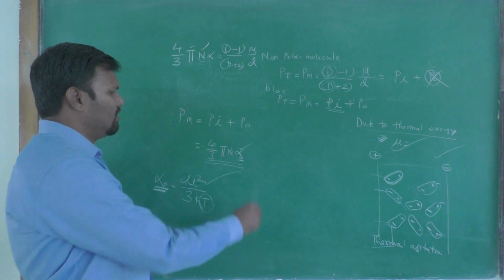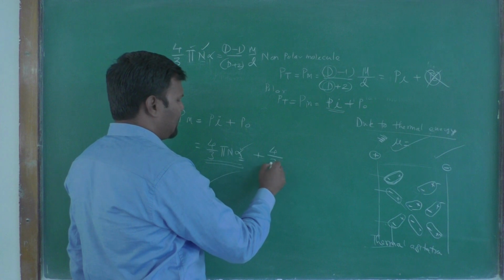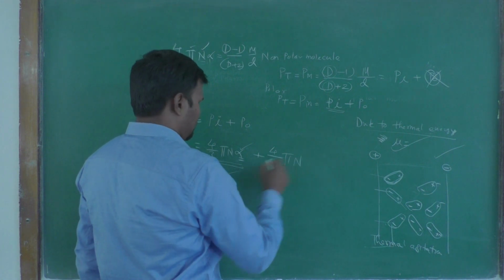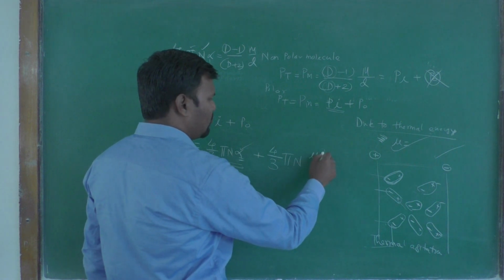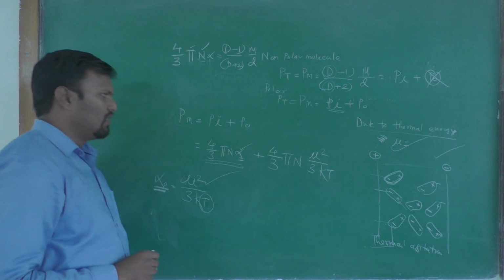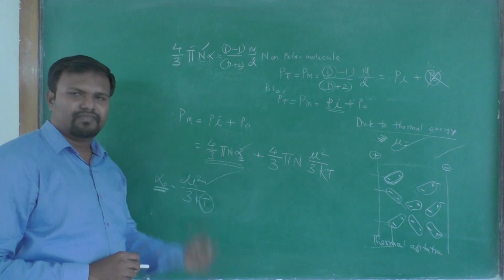Therefore orientation polarization is given by 4/3 pi n alpha mu square upon 3kT, and the molar polarization for the polar molecule will be given by this equation.